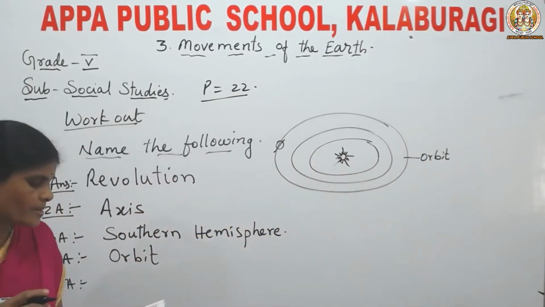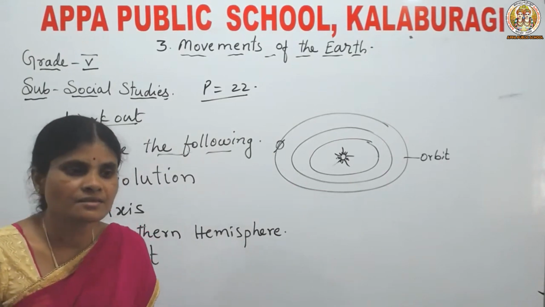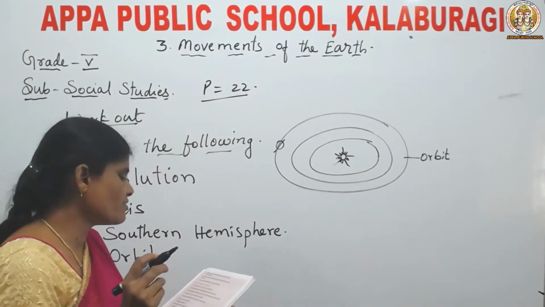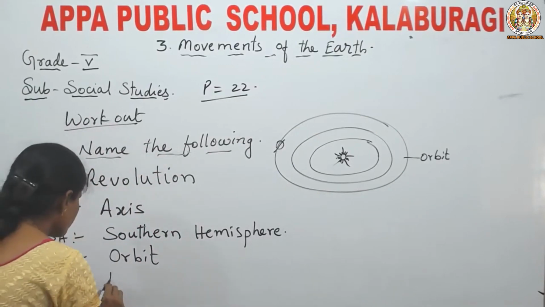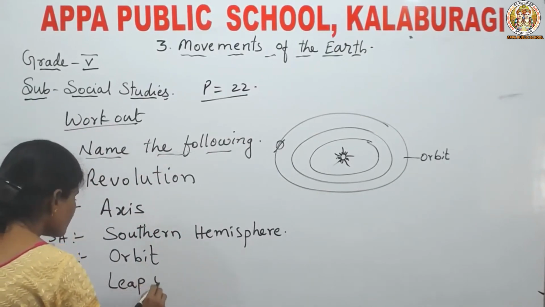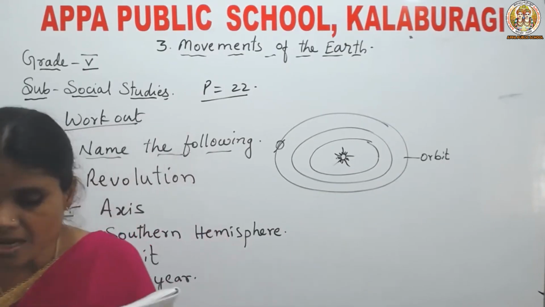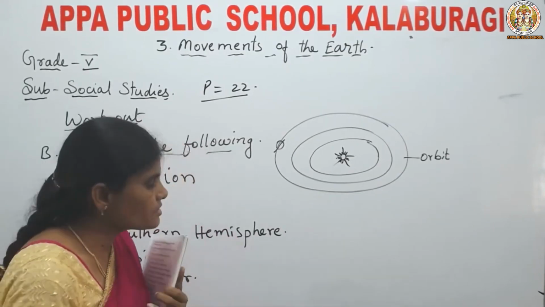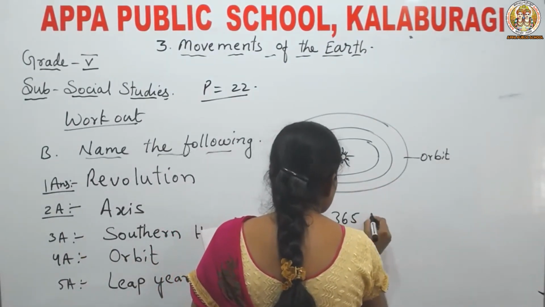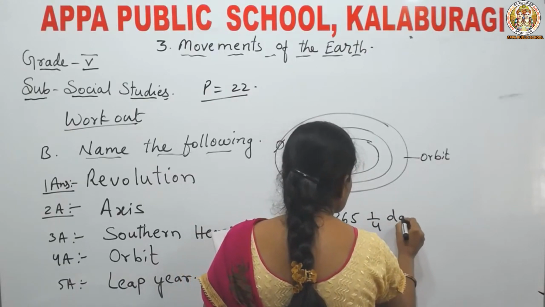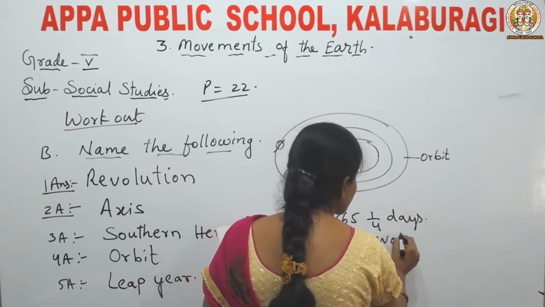Now, fifth one. The year in which February has 29 days is called leap year. Children, I told you that the Earth takes 365 1/4 days to complete one revolution.